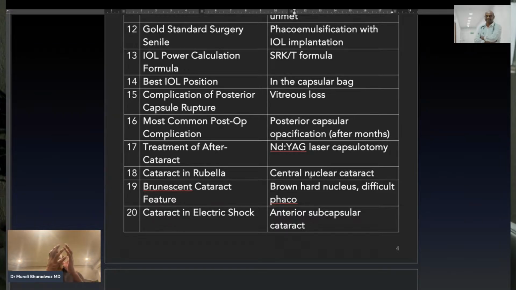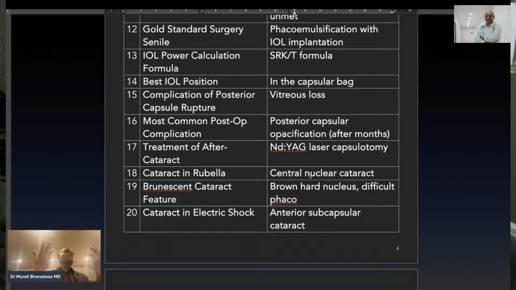Then what is the best IOL position? There is a capsule; after phacoemulsification, inside that capsule you put the IOL. Now, what is posterior capsule rupture? What is behind the lens? The vitreous humor. So the jelly-like vitreous seeps out, leading to vitreous loss.